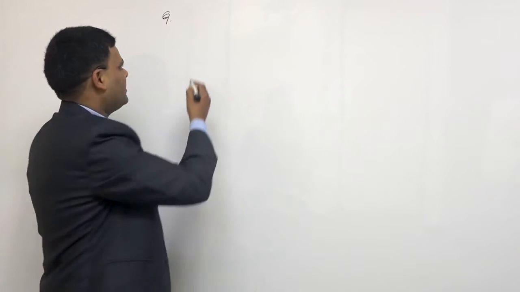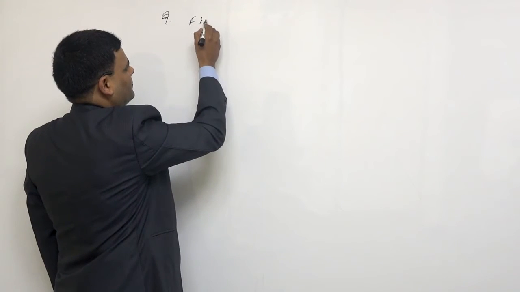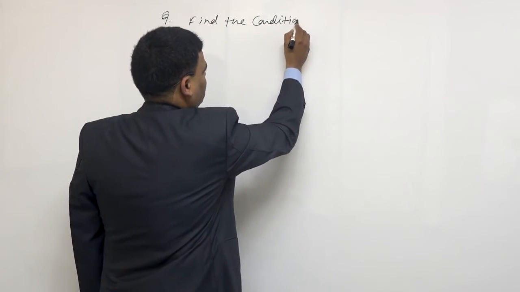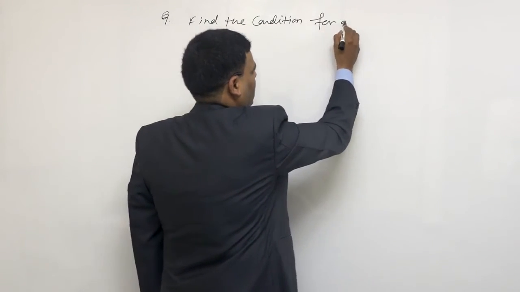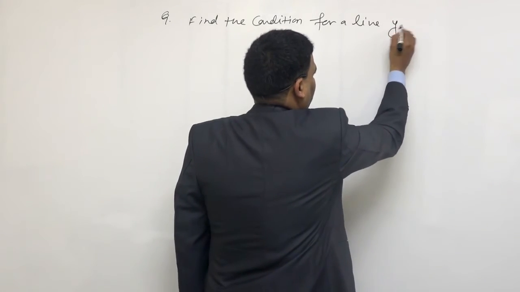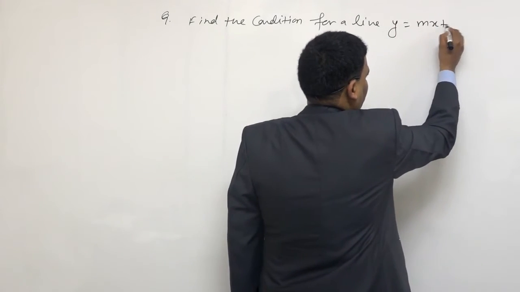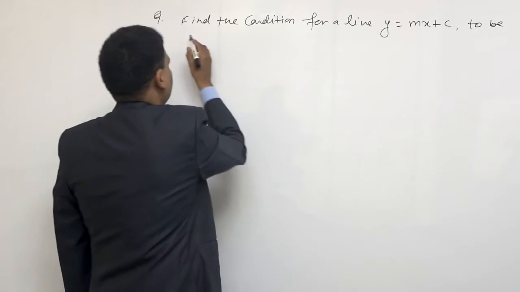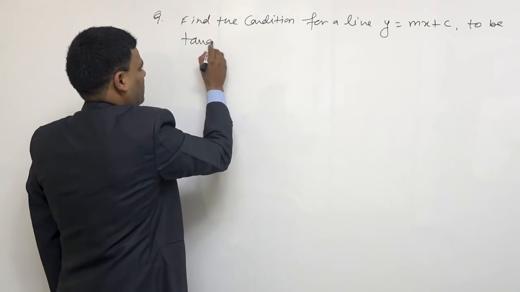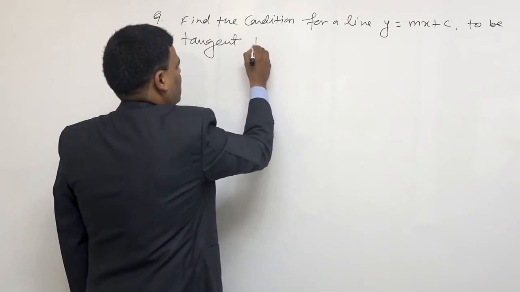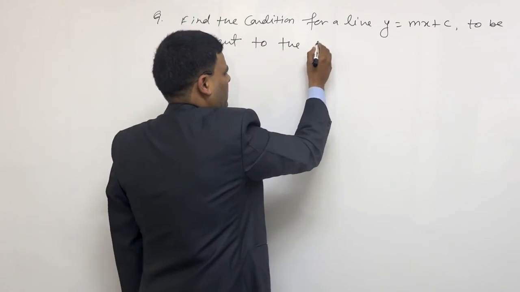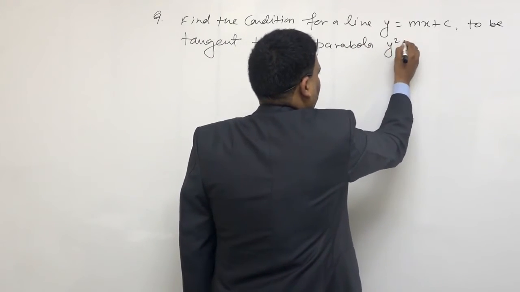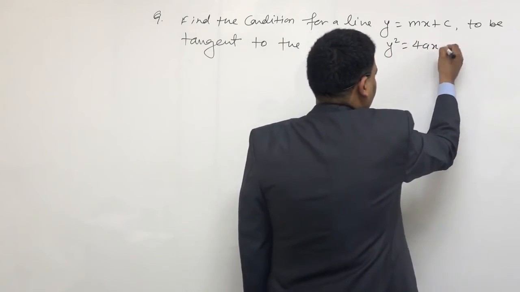Now we have another question. The question is: find the condition for a line y equals mx plus c to be tangent to the parabola y square equals 4x.